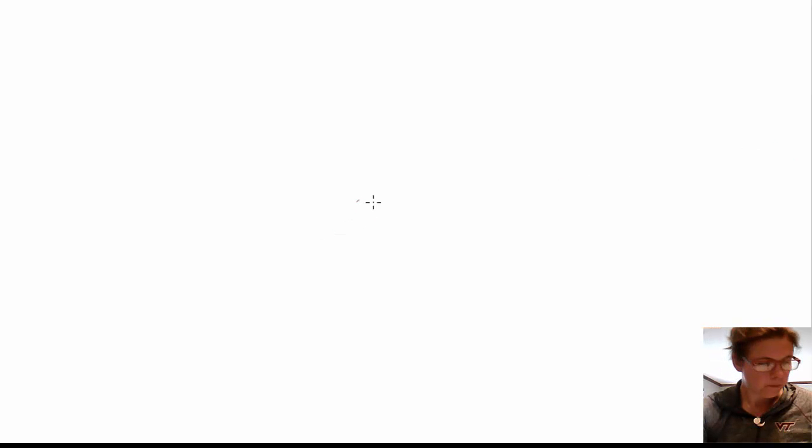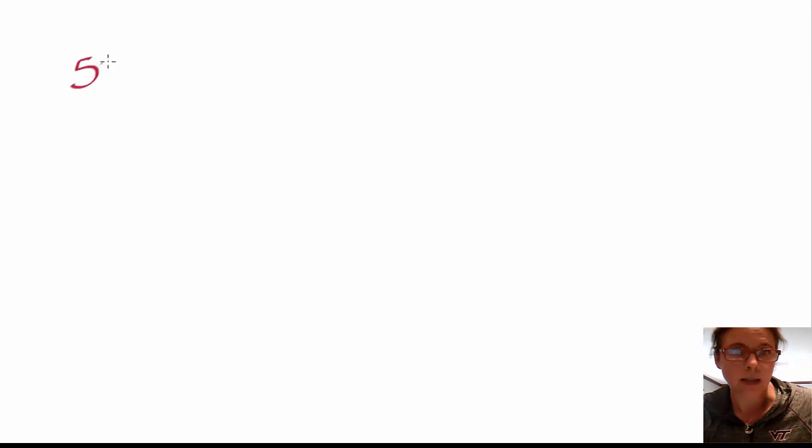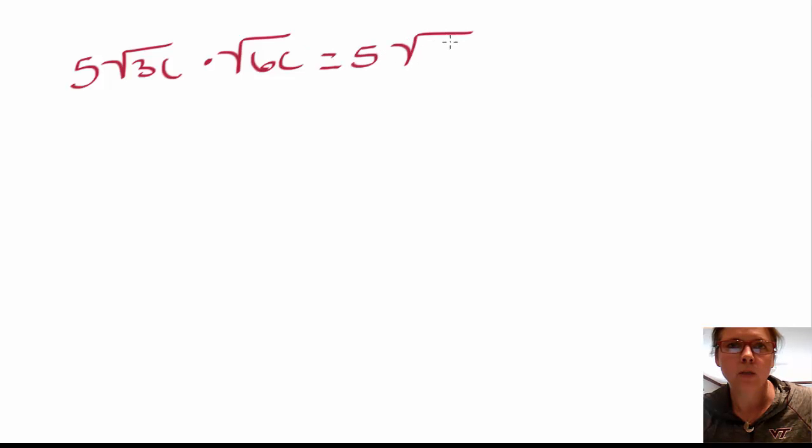Now let me do one more and then that'll be it. I want to give you lots of examples to help because these are kind of new concepts. 5 times 3c times the square root of 6c. Again, this is going to give us 5 square roots of 18c squared. Then we split our 18 up.